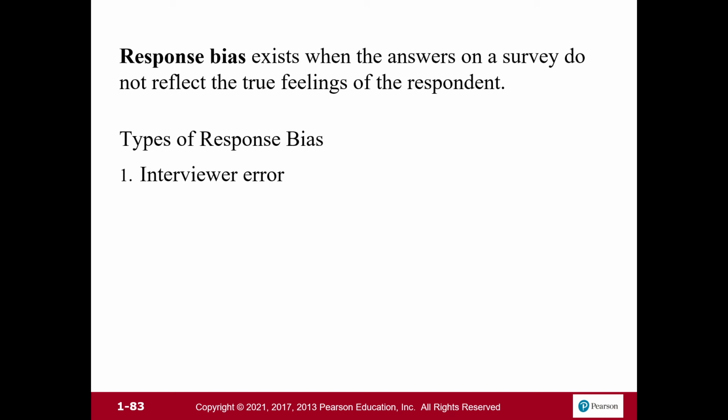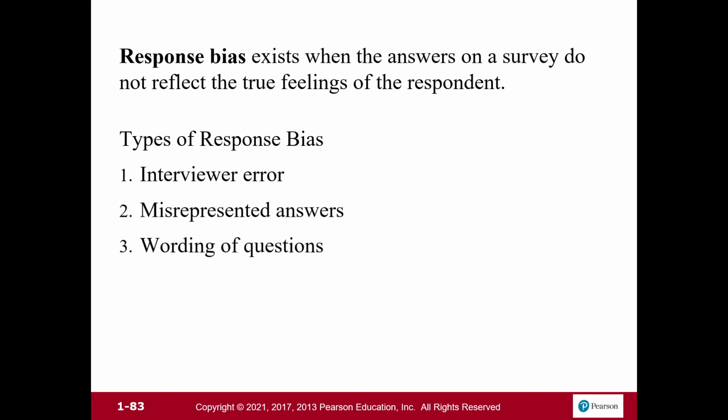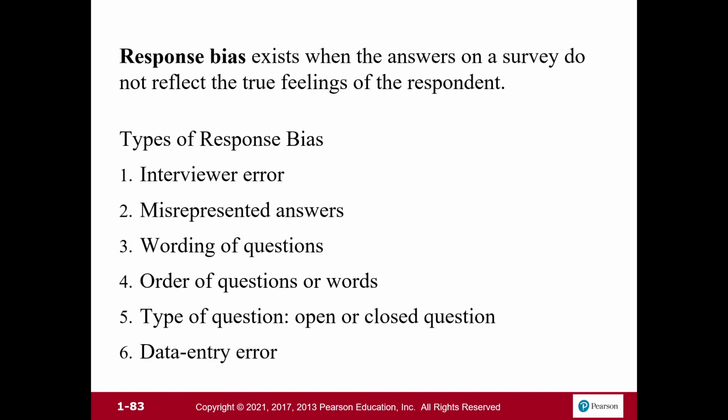Types of response bias. So it turns out that there's different types. Loaded questions and the order of the questions can cause individuals to answer questions a certain way. There's a lot of manipulation in words.